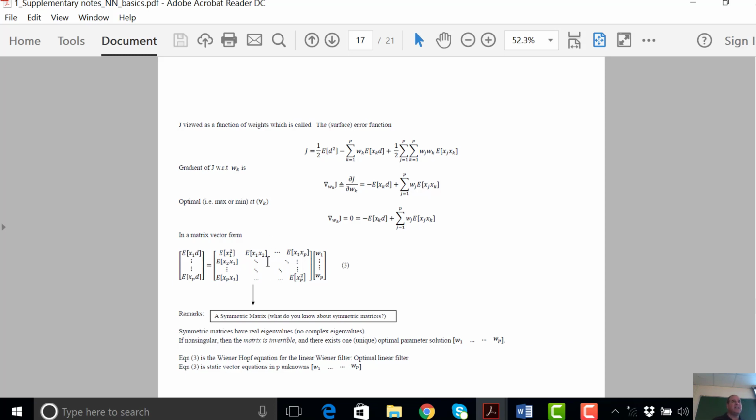Because if it is non-singular, just invert it, and you get the optimal weights for the problem. However, only if this matrix is positive definite is that solution, which is a unique solution, going to be a minimum. And because it's a unique solution, instead of saying local minimum, we say it's actually a global minimum.